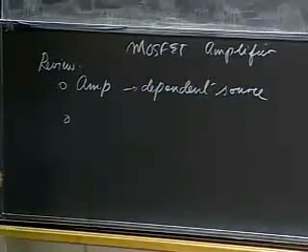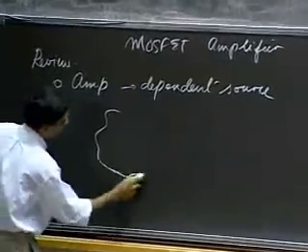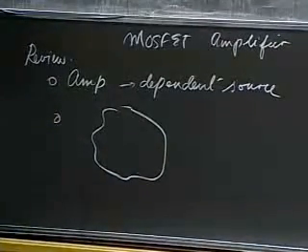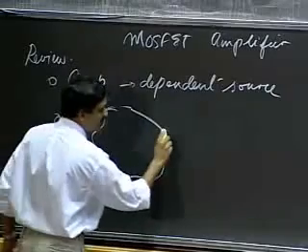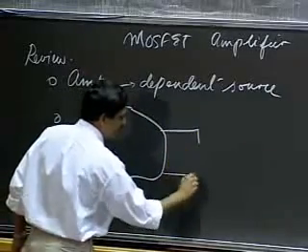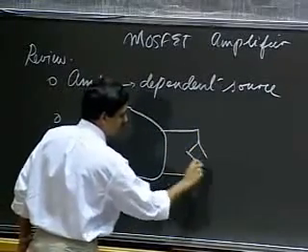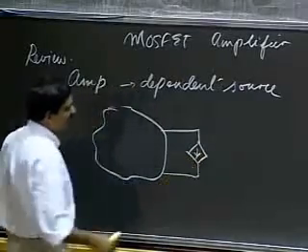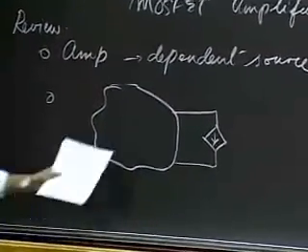And a dependent source worked as follows. Let's say I had a circuit, and I connected a dependent source into the circuit. In this example, I have a current source.